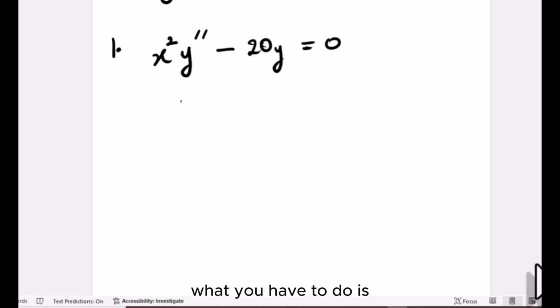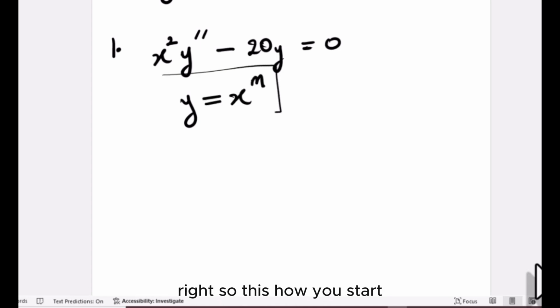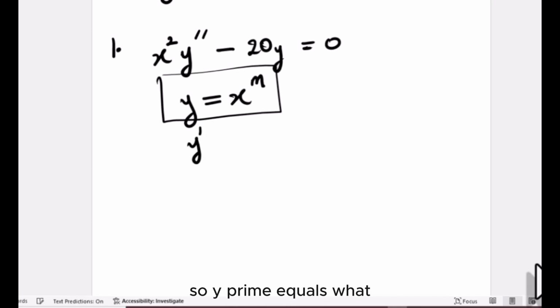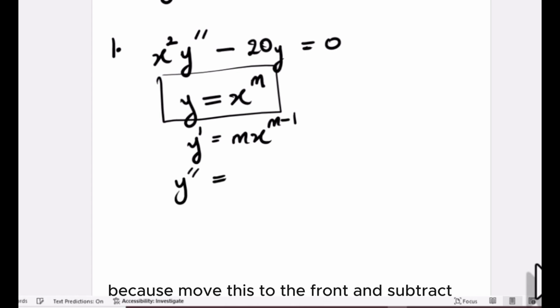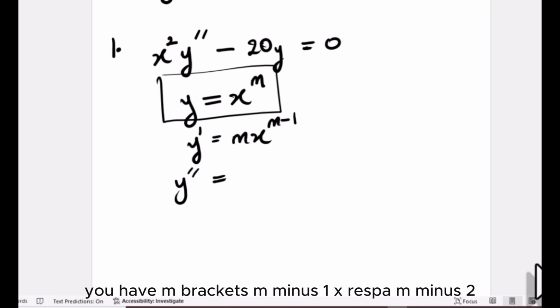What you have to do is the solution will be in form of y equals x raised to power m, right? So this is how you start. Then start building other things from here. So y prime equals m x raised to power m minus 1. And your y double prime equals, move this to the front and subtract by 1, you have m brackets m minus 1 x raised to power m minus 2.